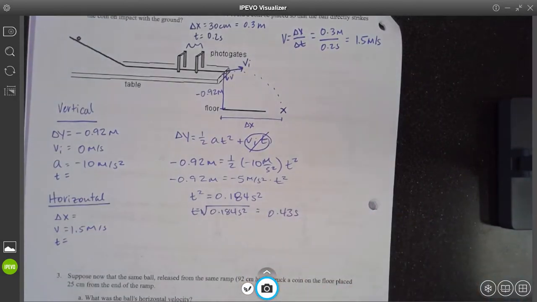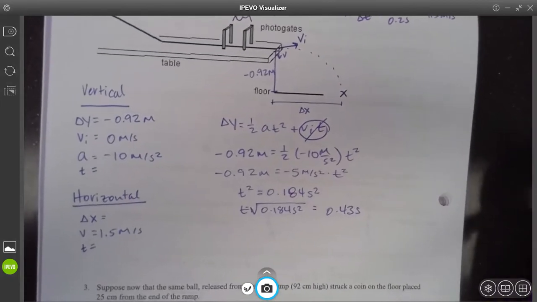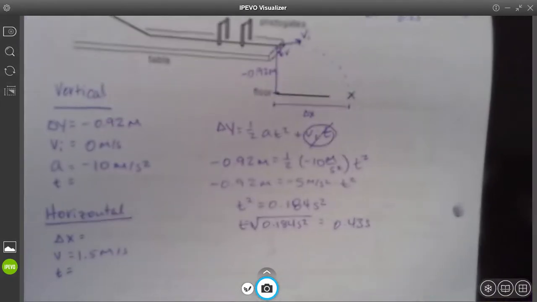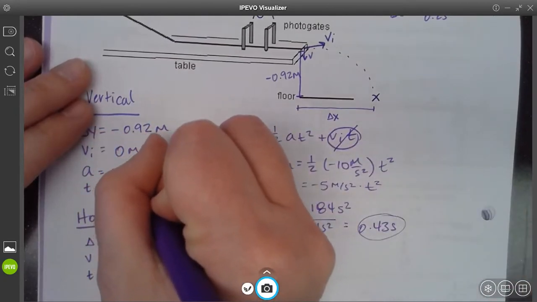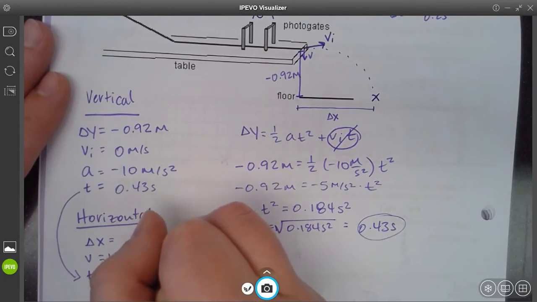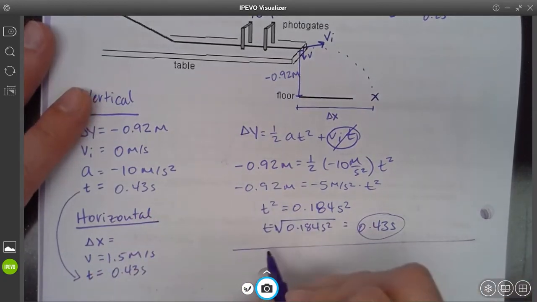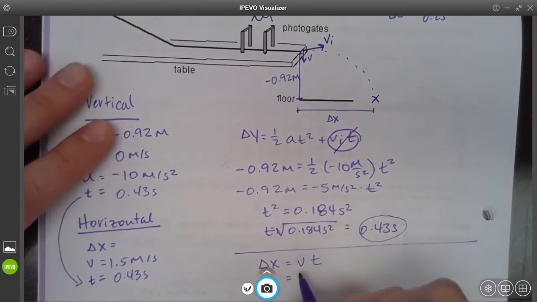How'd you guys do? Got it? Yay. But that's not the end of our problem. So we had 0.43 seconds, and we can use that down here. So our horizontal displacement is going to be velocity times time.